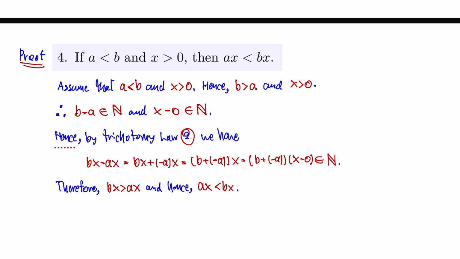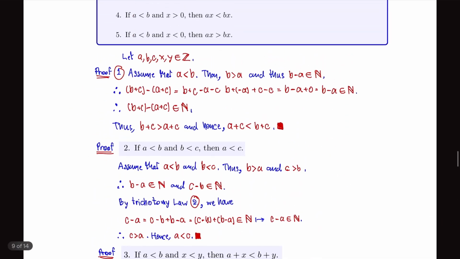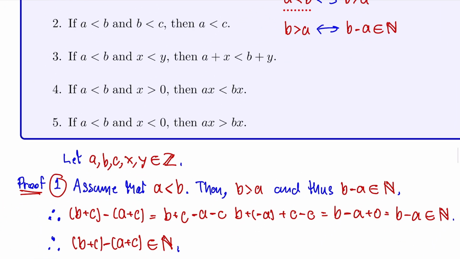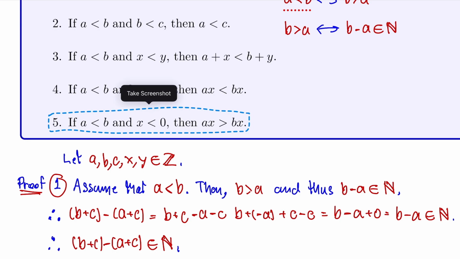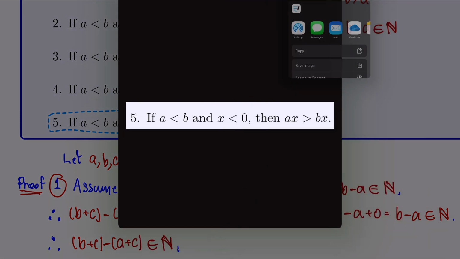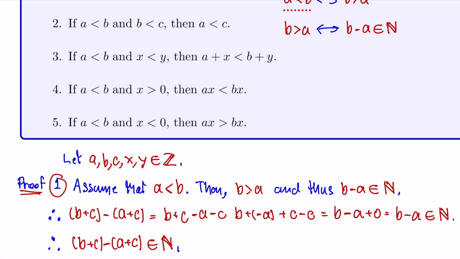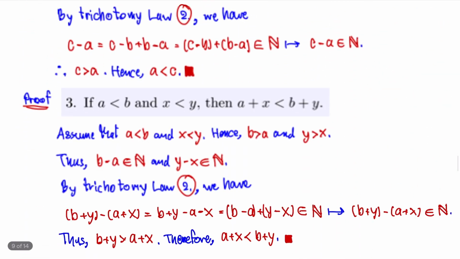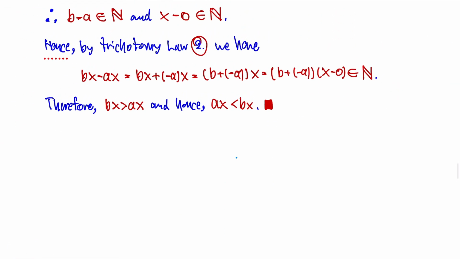That's what we have, and this is the fourth property. All right, and the fifth property here: if a is less than b and x is less than 0, then ax is greater than bx. That's the last one.